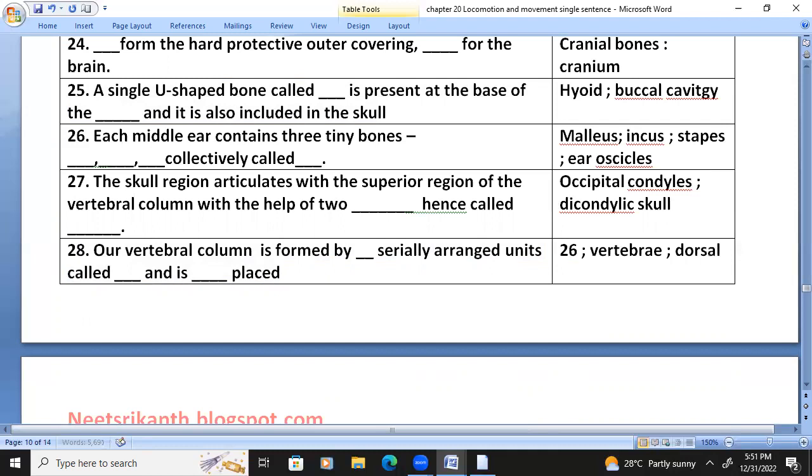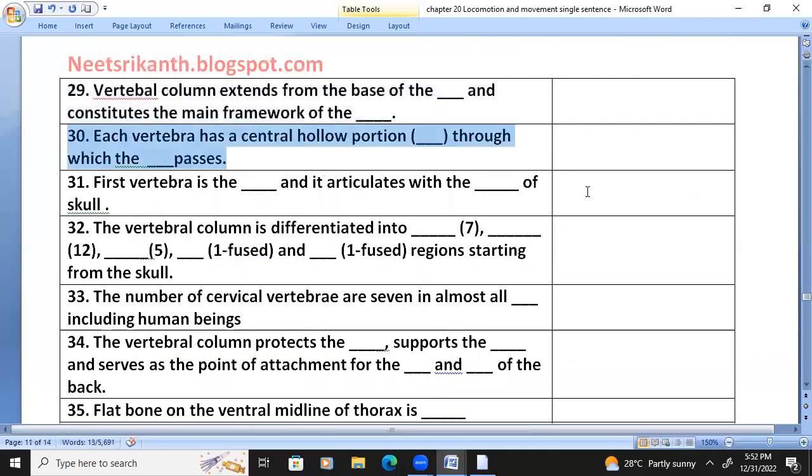Vertebral column extends from the base of skull and constitutes the main framework of trunk. Each vertebra has a central hollow portion called neural canal, through which the spinal cord passes.